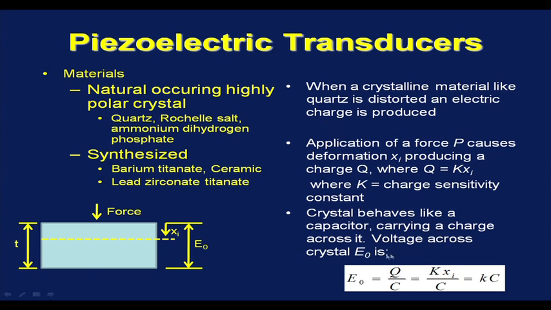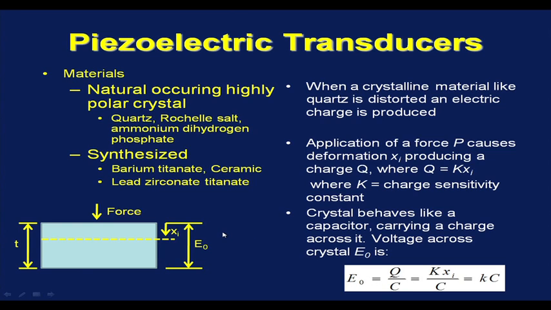The crystal now behaves like a capacitor carrying a charge across it. So, voltage across crystal E0 will be Q by C and Q is K Xi. So, we can write E0 equal to K Xi by C, where K by C can be considered as another constant.